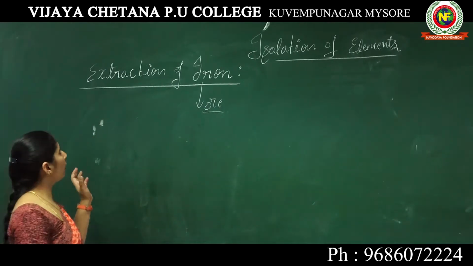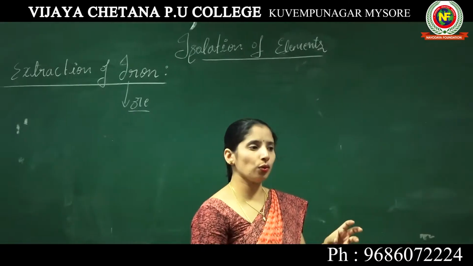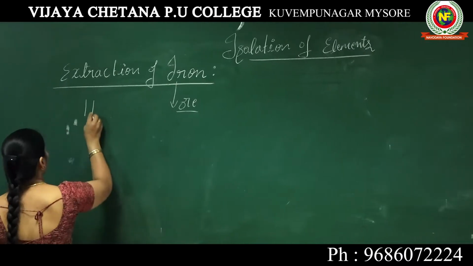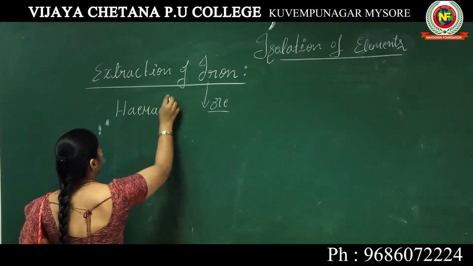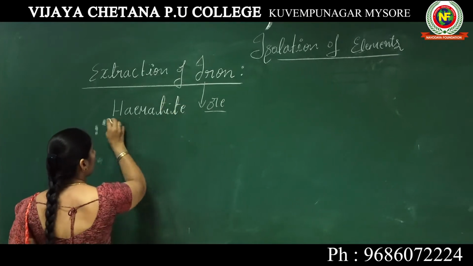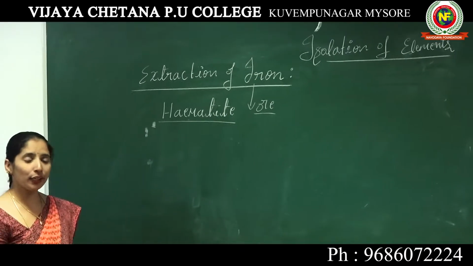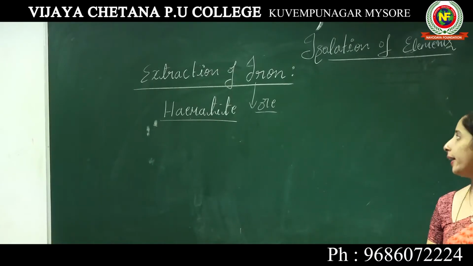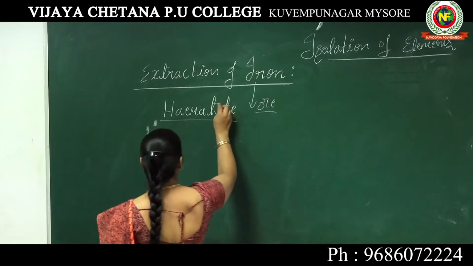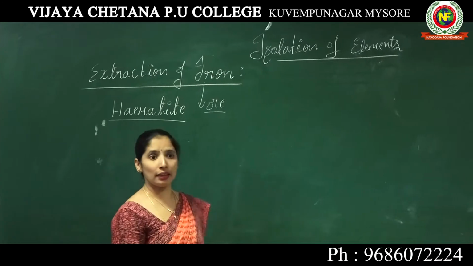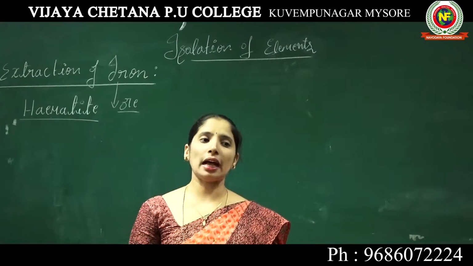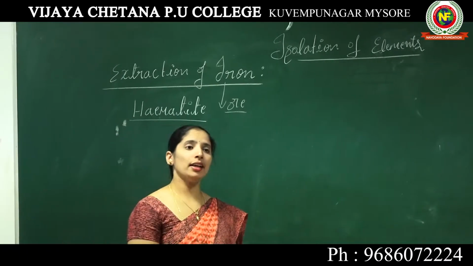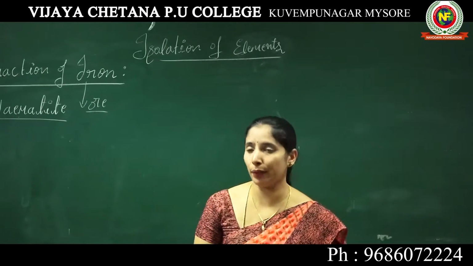Which ore is used in the extraction of iron? That ore is hematite. In the first class I told that all ores are minerals, but all minerals are not ores. Iron has so many ores, for example hematite, magnetite, siderite, iron pyrites, limonite.